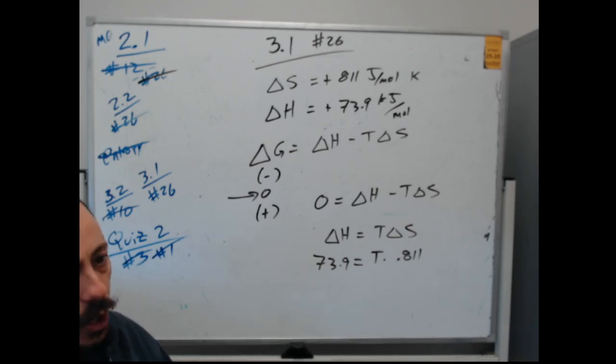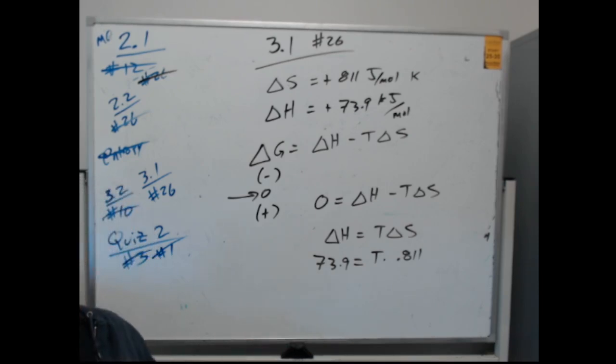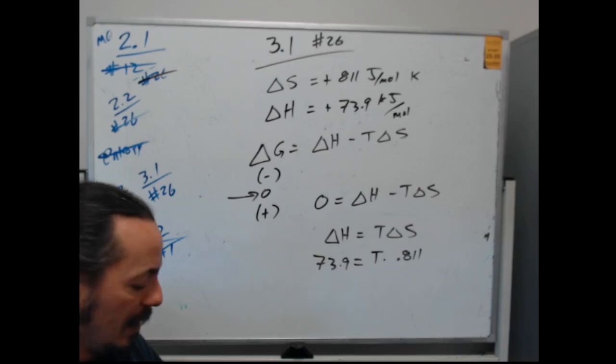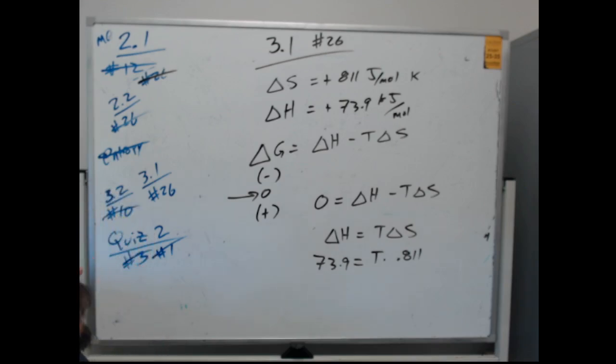The math is not the hard part in any of these problems, even though everyone gets obsessed with getting the wrong number and just keeps changing the numbers. So 73.9 divided by 0.811 is 91 Kelvin. That's a really low temperature.